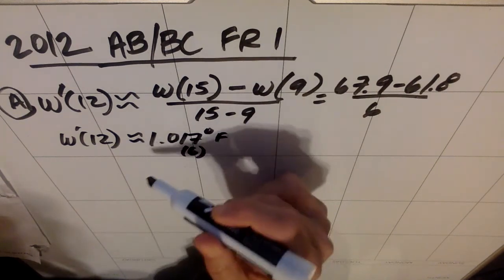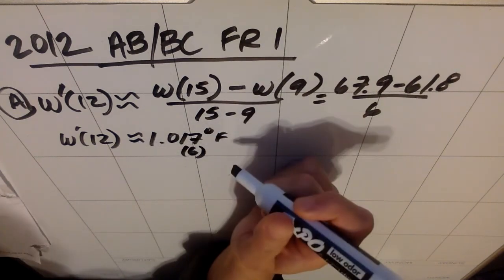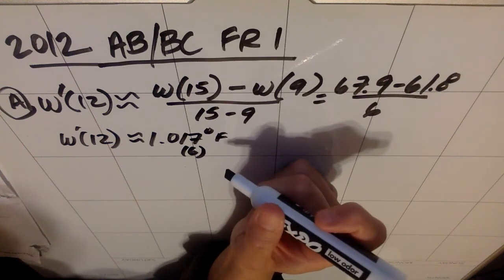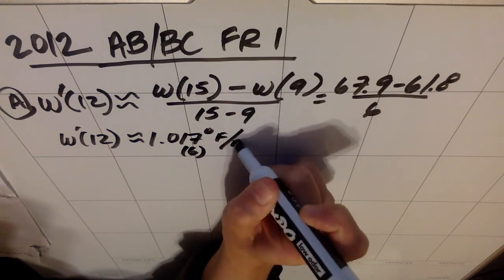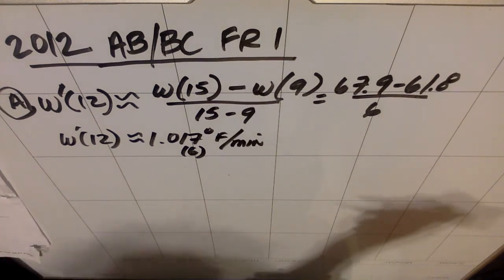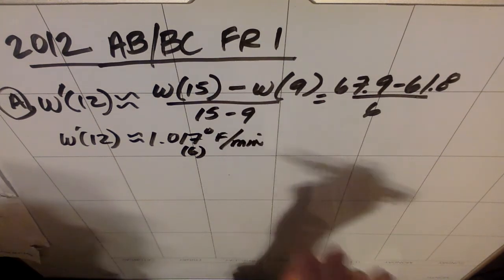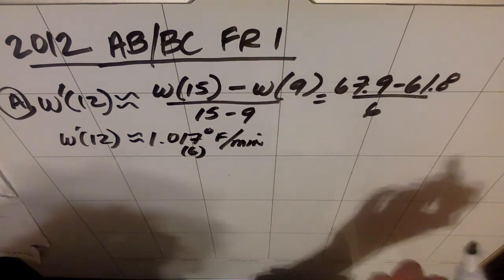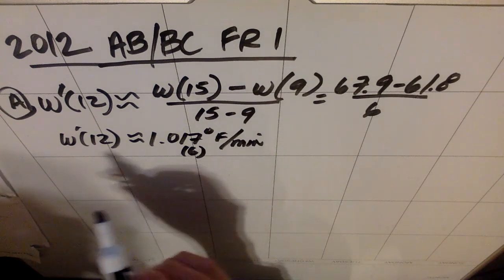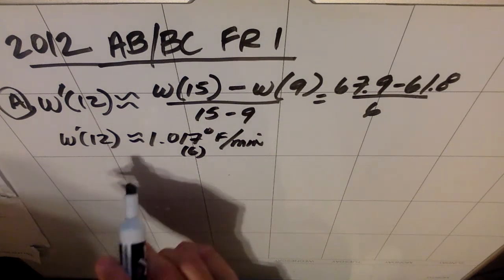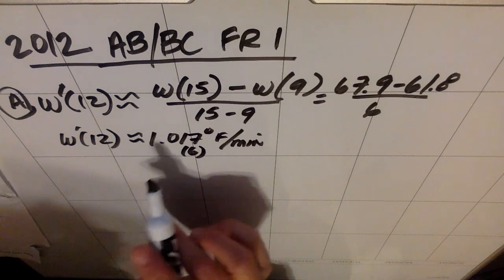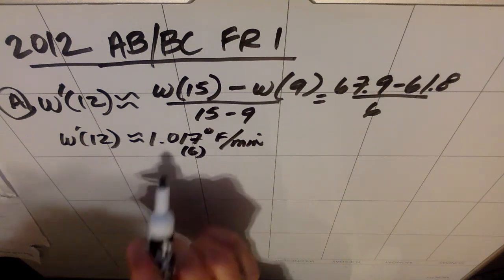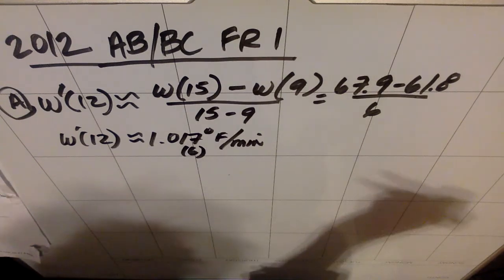Because W is measured in degrees Fahrenheit and t is measured in minutes, this would be degrees Fahrenheit per minute. So we're asked to give appropriate units, and then we're also asked to explain the significance of this measurement. What this means is that at 12 minutes, the temperature is increasing at approximately a rate of 1.017 degrees Fahrenheit per minute.